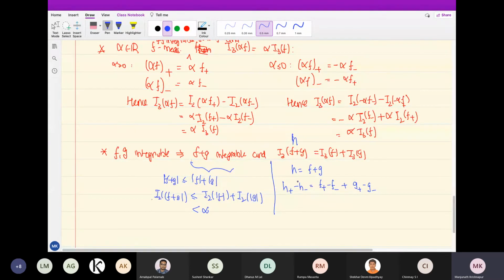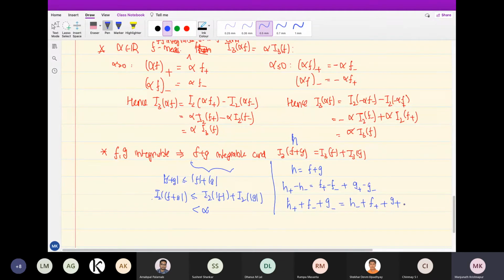But h plus minus h minus is h, and that can be written in terms of these because it's just f plus g. Now what I do is I transfer everything so that I have only positive signs. h plus plus f minus plus g minus is equal to h minus plus f plus plus g plus. You agree? I just transfer so that everything has a positive sign.